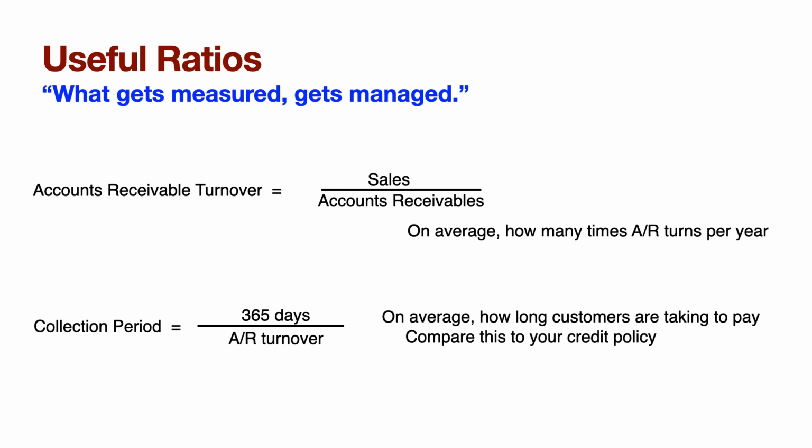Same with 30 days, 30 days or less. Accounts receivable turnover will calculate how many times per year your accounts receivable is turning over. And you can apply that in the next equation down to determine the actual collection period. In other words, how long your customers are actually taking to pay what's owed the company.